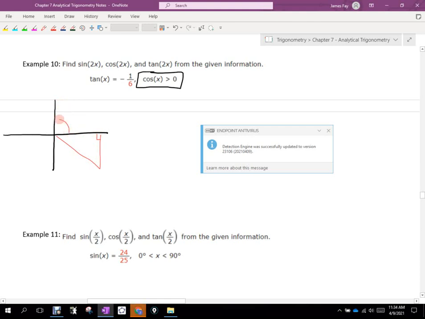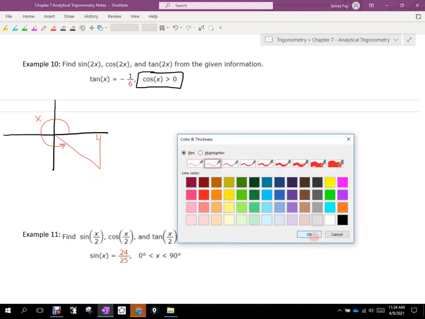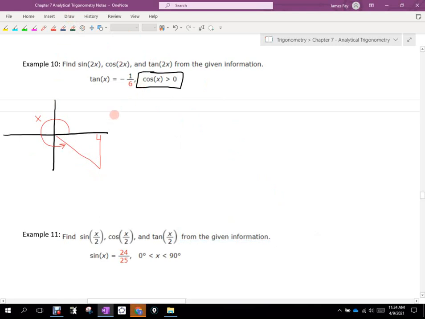And the x that they're talking about, remember, is the x from standard position. That would be the angle that we're talking about. But this triangle is going to lead us to all of that necessary information. So when I say tangent x is equal to negative 1/6, negative 1/6 is opposite over adjacent, right? Which one of those is going to carry the negative with it?